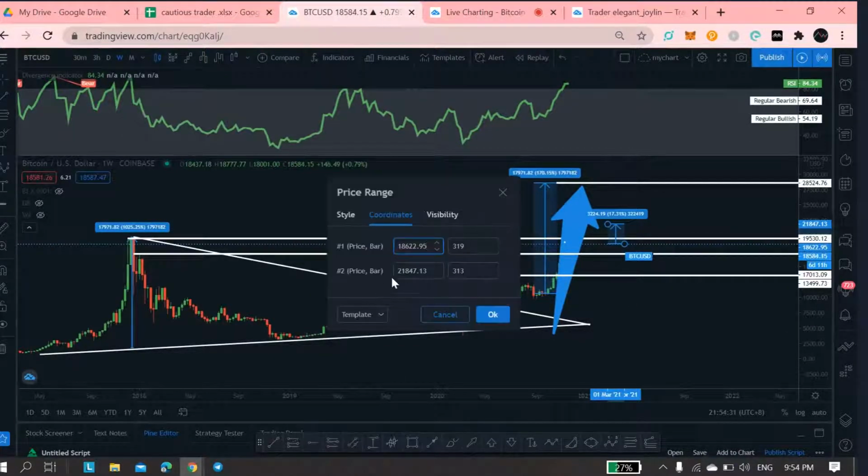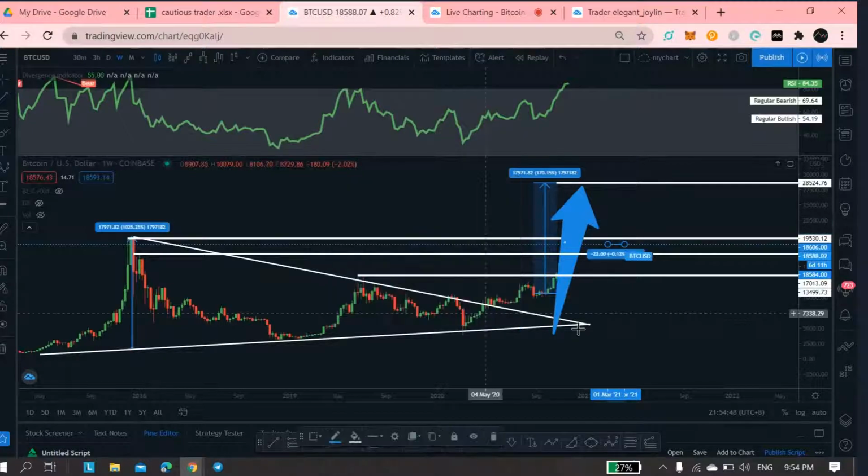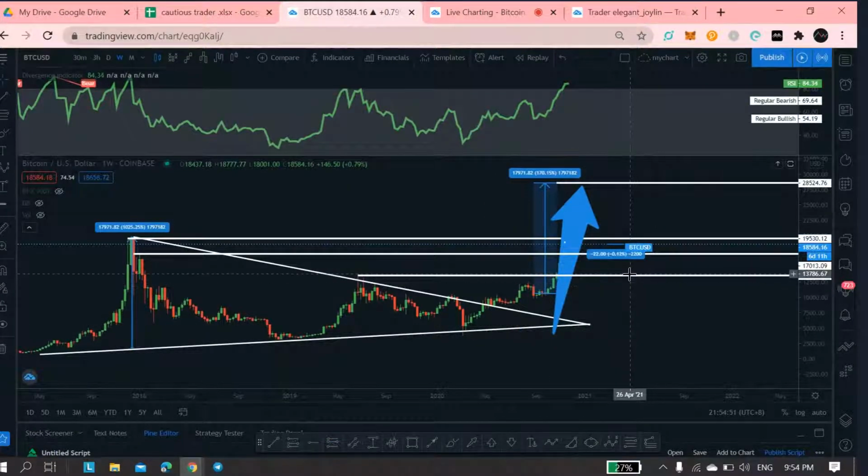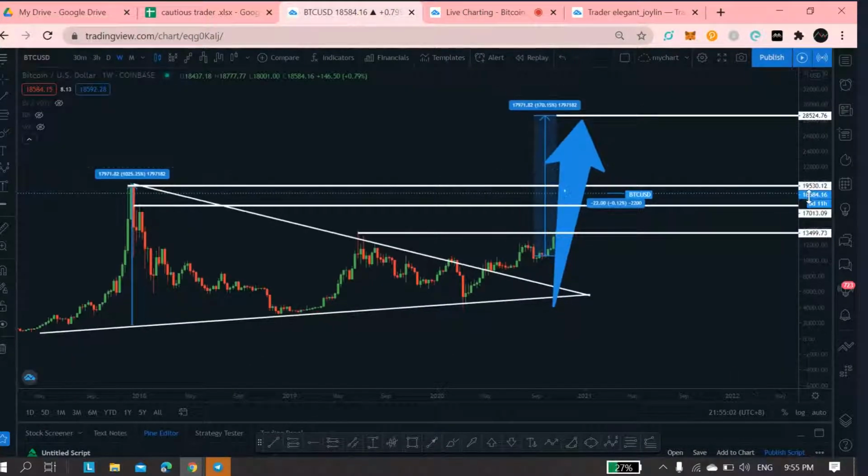My entry is 18,606, and the price now is 18,584. So that's 0.12%. 0.12% times 100 is around 12% negative territory.